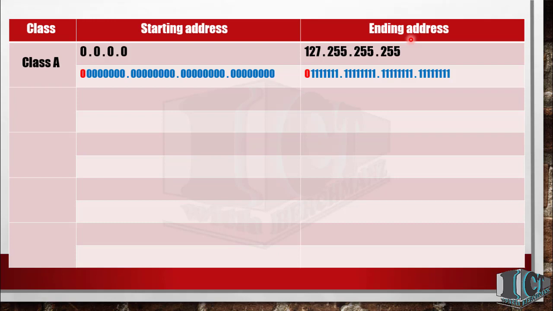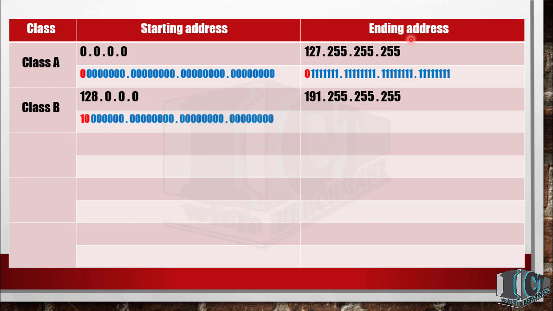Let's look at class B. If the ending of class A is 127.255.255.255, the starting address of class B should be 128.0.0.0, and the ending address of class B should be 191.255.255.255. If I want to represent them in binary notation, it would look like this.